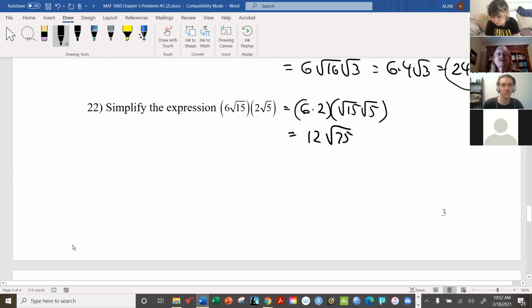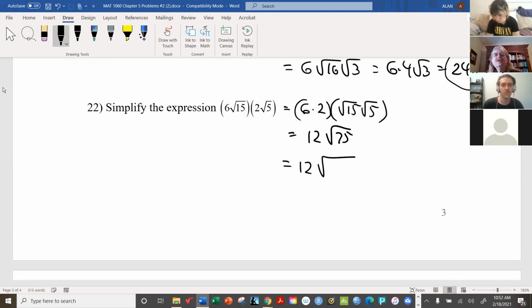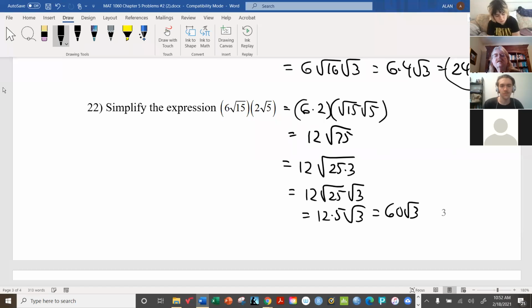That 75, guess what it has as a factor? 25 times 3. So you got 12 times 5 radical 3. 60 radical 3 is our final result. Very pleasing to the eye, would you agree?